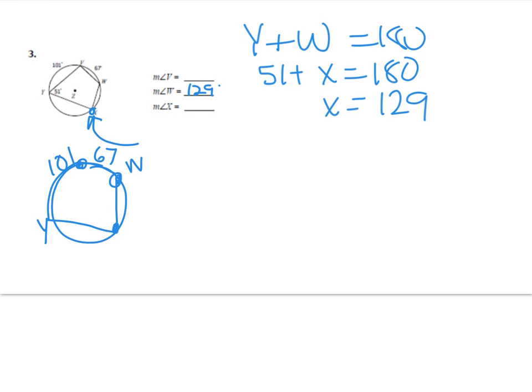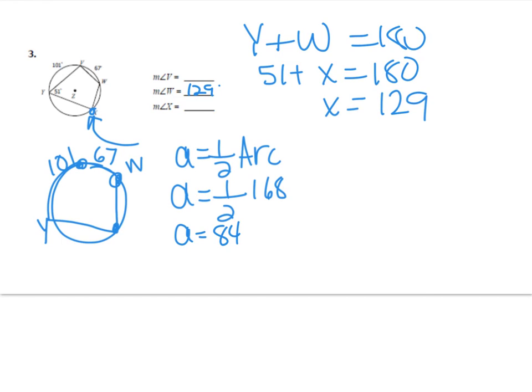We add 67 and 101, and we get 168. We know the angle is equal to half the arc, so the angle is equal to 1/2 of 168, which is 84. Let's go ahead and write that in.